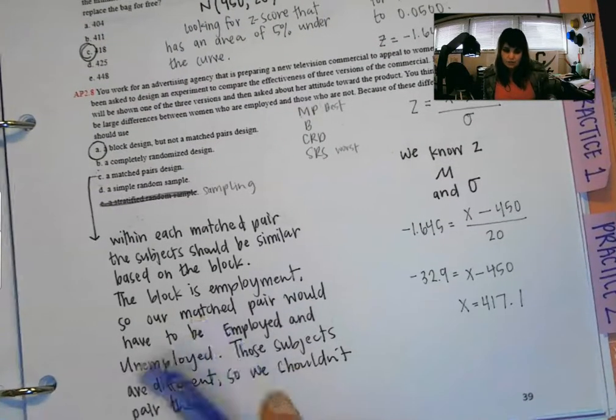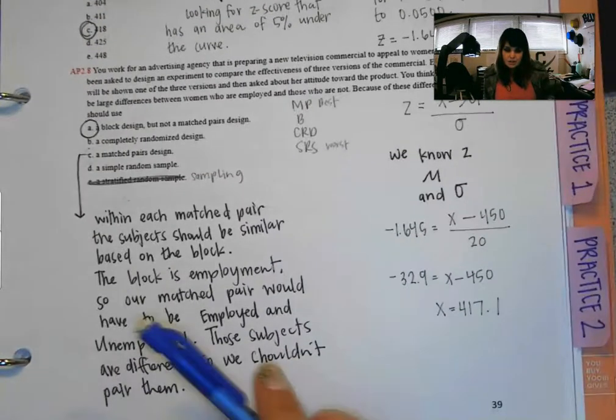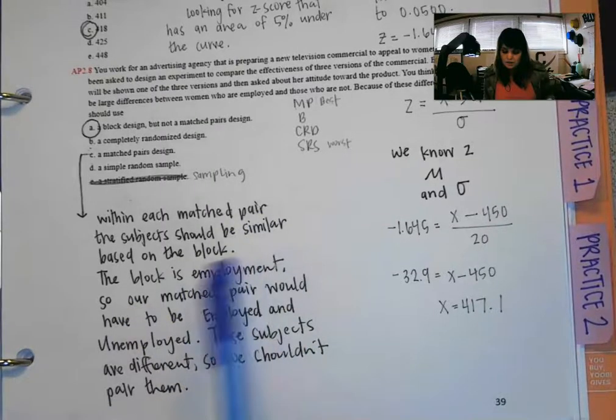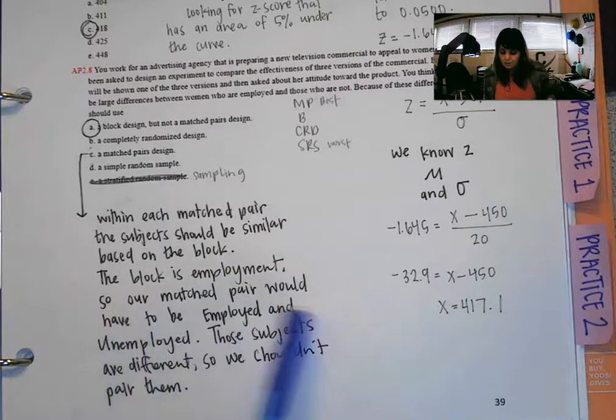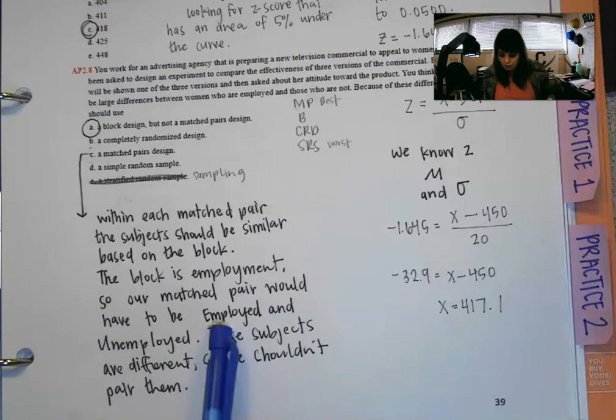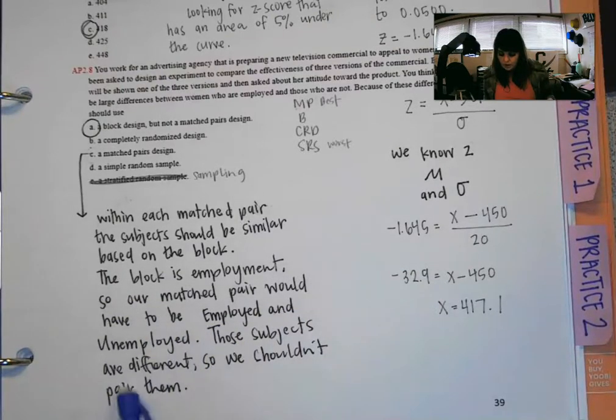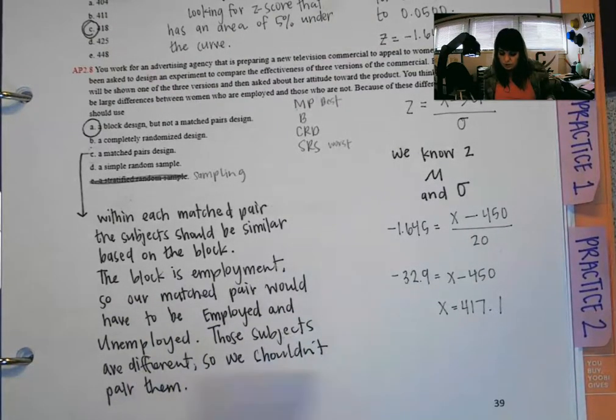So here, this reasoning that I have, I don't think matters. It says within each matched pair, the subjects should be similar based on the block. The block is employment, so our matched pair would have to be employed and unemployed. Those are different, so we shouldn't pair them. You should be pairing two employed, two unemployed.